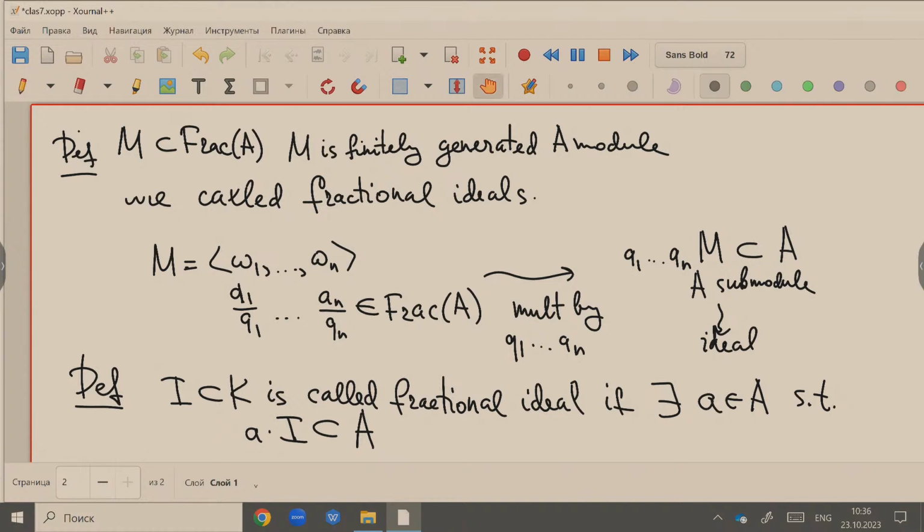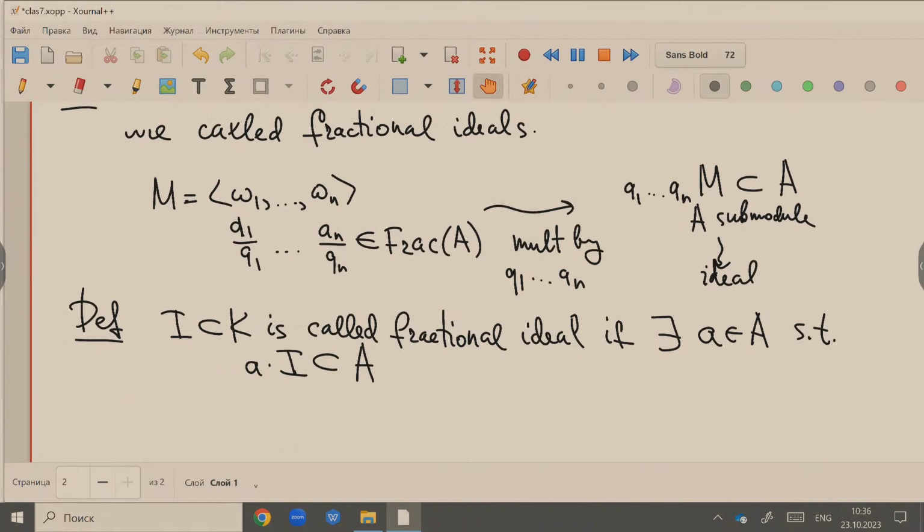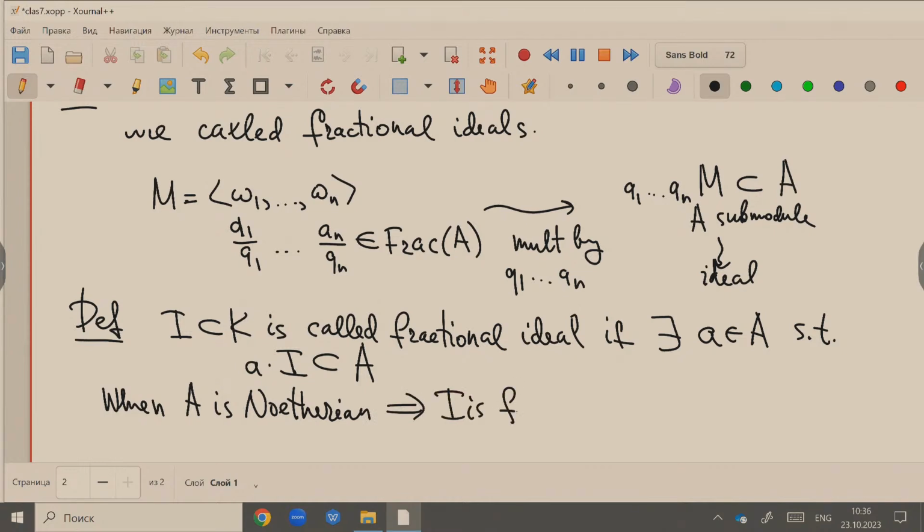Yeah, so when A is Noetherian, I is a finitely generated module.